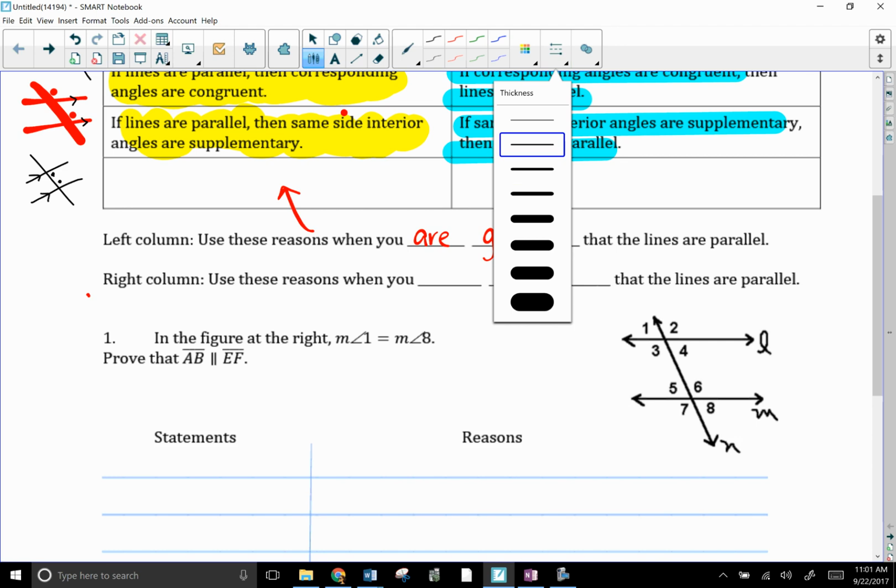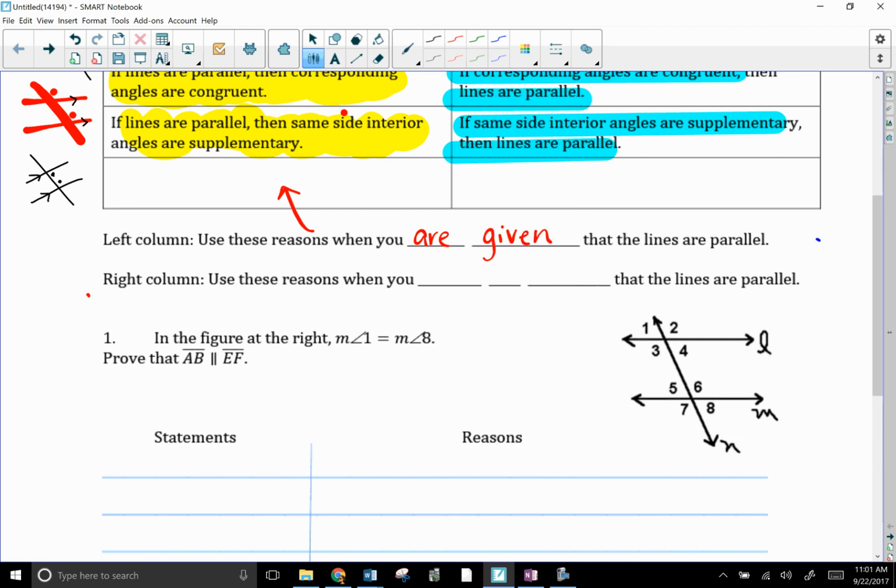However, we're going to use the column on the right if we need you to prove that I have parallel lines. So the left column is when in the givens it says, hey, these are parallel. In the right column, you use those reasons when nobody's told you about parallelism, but you think it exists.